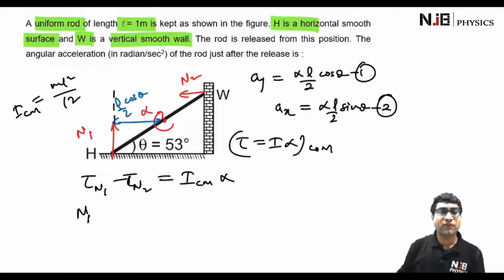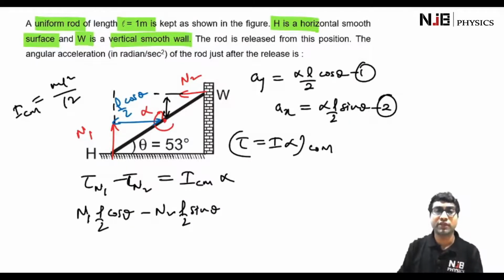So torque of N1 becomes N1 times L by 2 cos theta, it's simple geometry, minus torque due to N2, which will be N2 into the perpendicular distance from the center to the line of action of N2, which is going to be L by 2 sin theta. It's simple geometry, I'm not showing it over here. It is equal to ICM, we already know it is ml square by 12, so let us put it as ICM only times alpha. So this becomes our equation number 3.